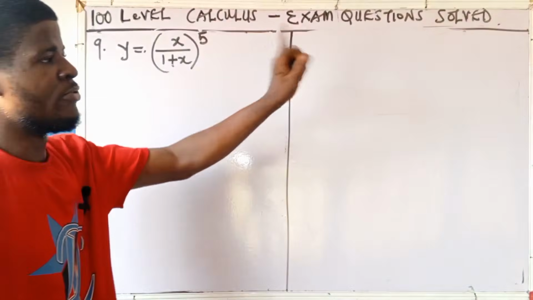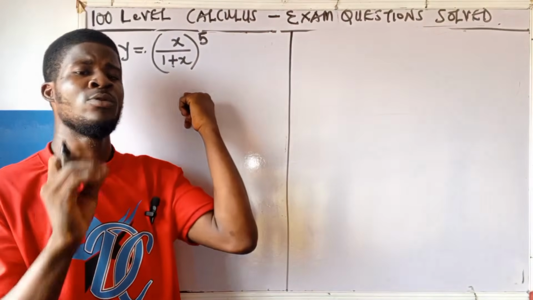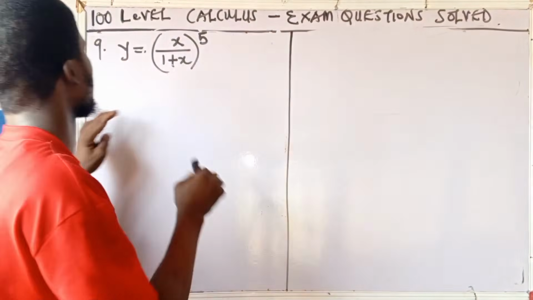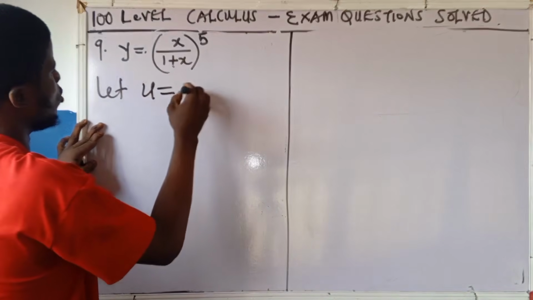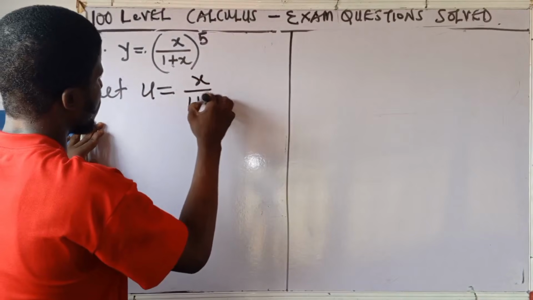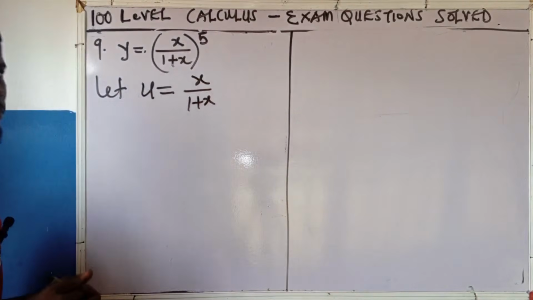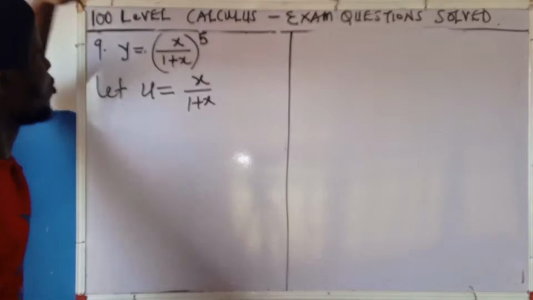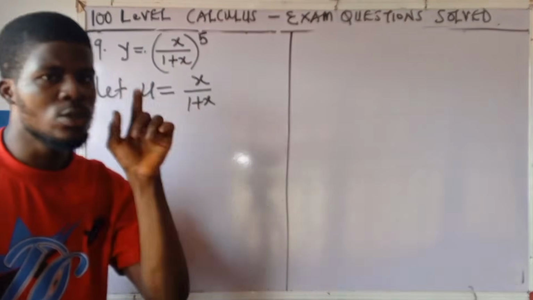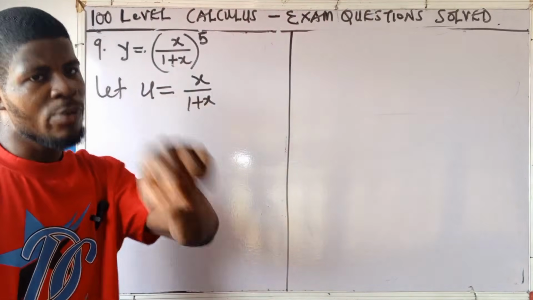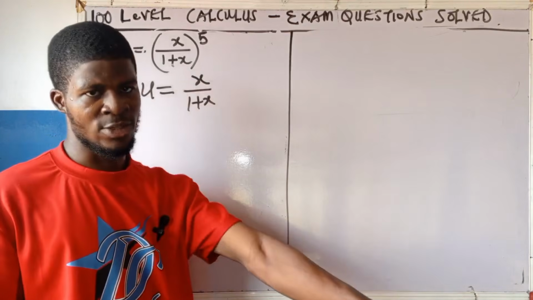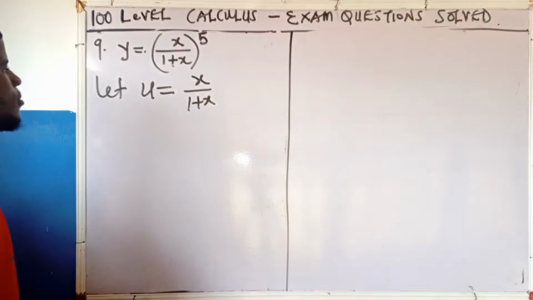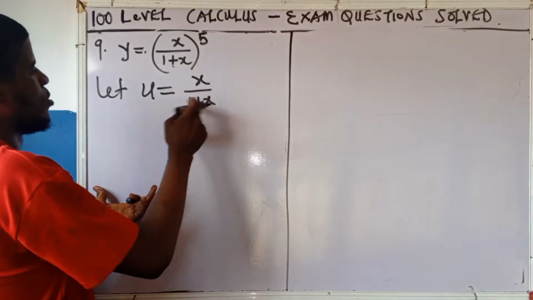I used the shortcut before, but I will not use it here so that it will look clear enough. Let the inner function be equal to u. That's the principle. I'm using chain rule. The solution to this question is chain rule, not quotient. But along the line, the quotient rule becomes necessary. So let u be equal to x over 1 plus x.